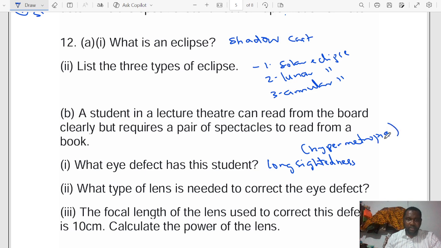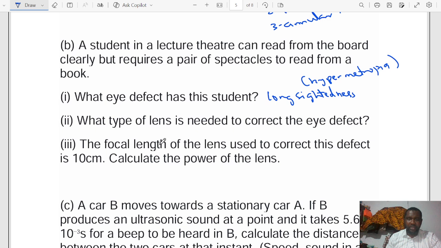The next question says, what type of lens is needed to correct this eye defect? Now, long-sightedness is a result of a short eyeball, so we need a convex lens in order to converge the light.